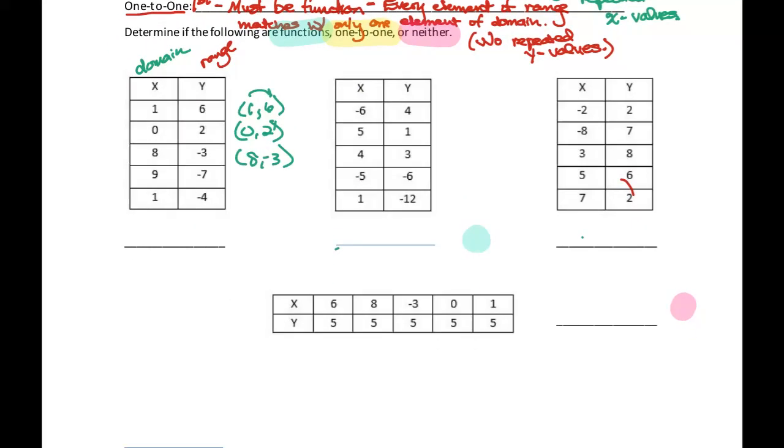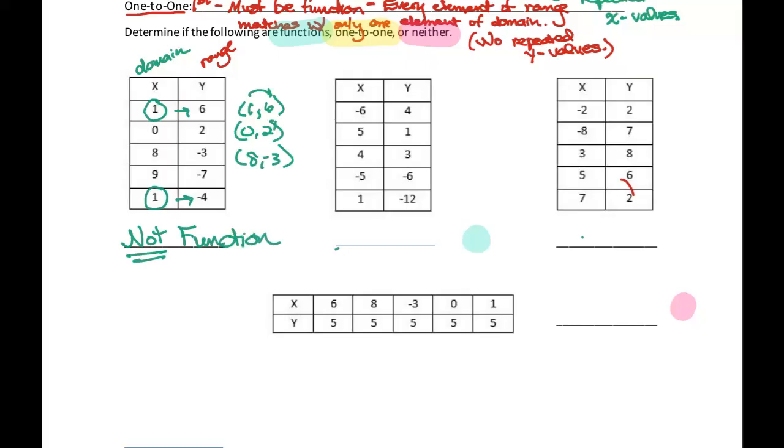So the problem here is you have 1 going to 6 and you have 1 going to -4. You can't have that x value go to two different things. So that means it is not a function.